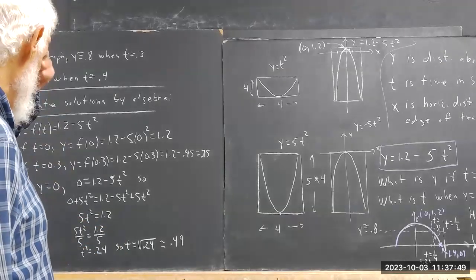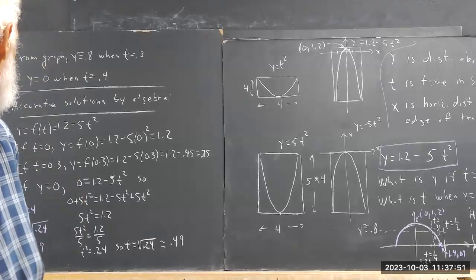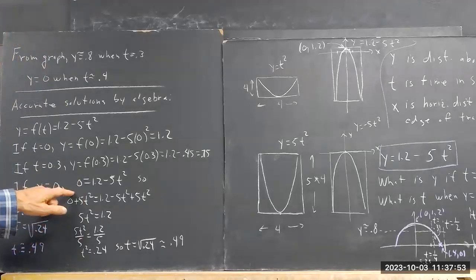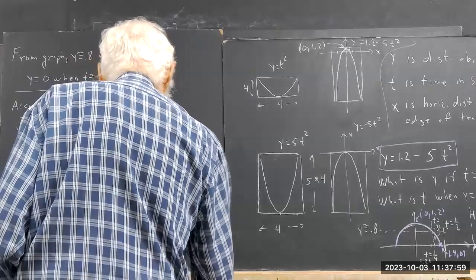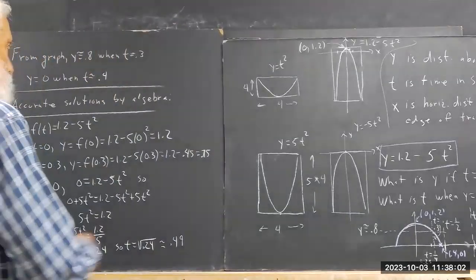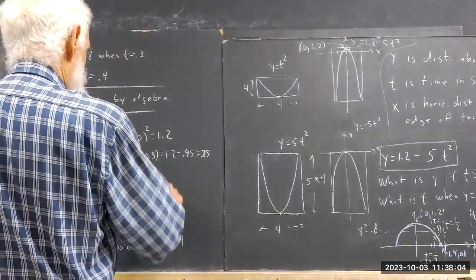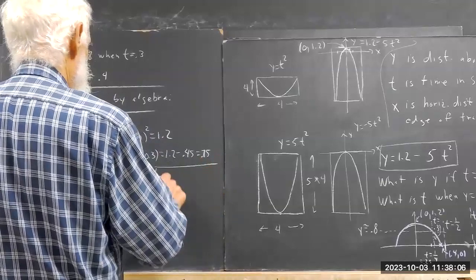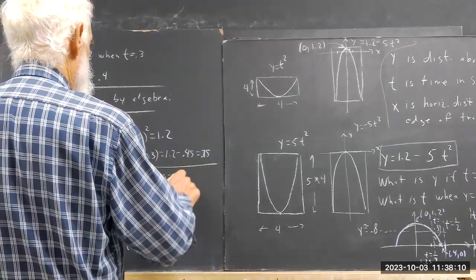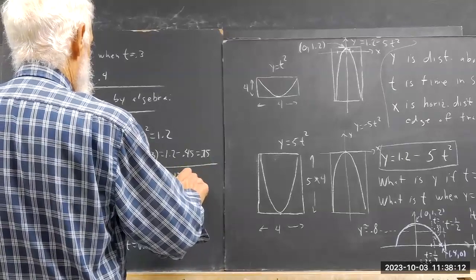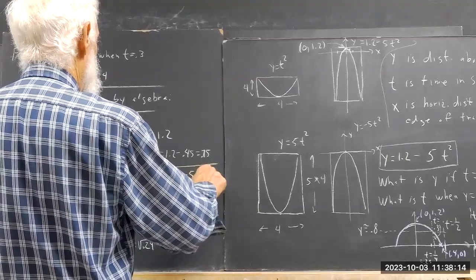Another thing that I saw when we got to this, somebody, and of course, everybody knows who, but that's okay. It's a good idea, but not quite executed correctly. Had 0 equals 1.2 minus 5t squared.